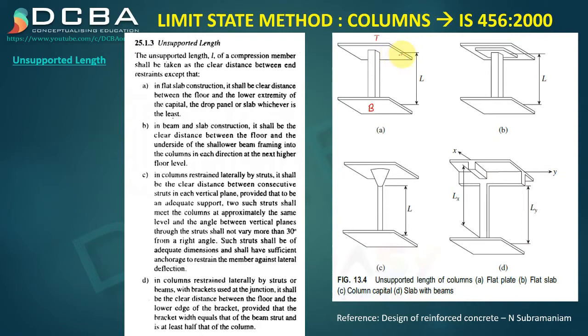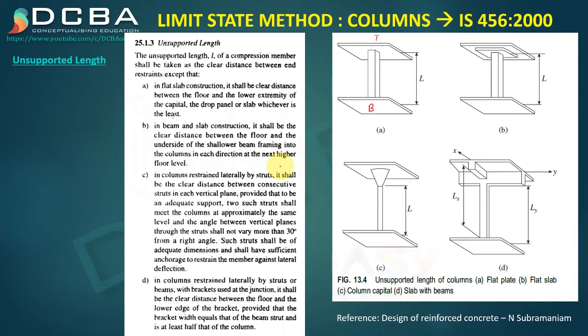Like this would be called the soffit of the slab, or again the soffit of the drop. And similarly here you can see the beam is much smaller in depth, so obviously this length is going to be different from this length. So the same column can have different unsupported lengths in x and y directions.